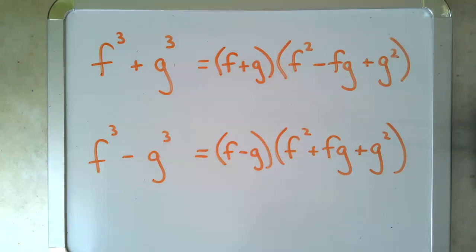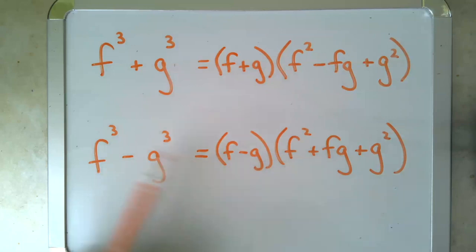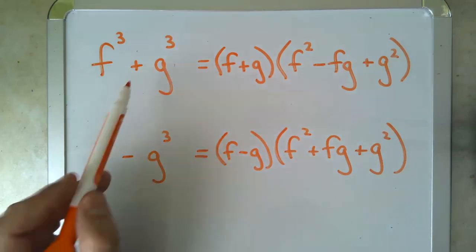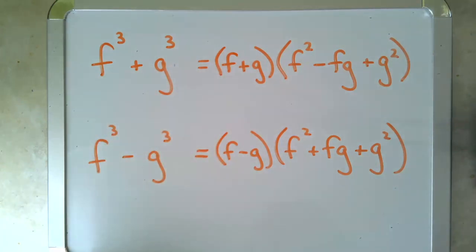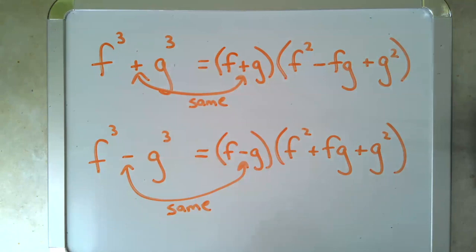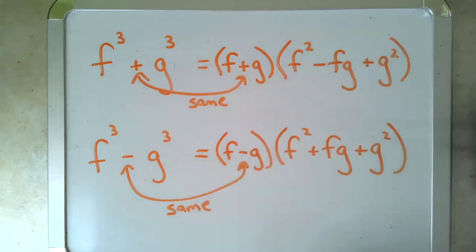So the first thing I'd like you to note is that the first term of each of these just uses the cube roots of each of your initial terms, and it repeats the sign of both of your initial terms. The next thing I would like you to notice is that the next term looks an awful lot like your perfect square quadratic, right?